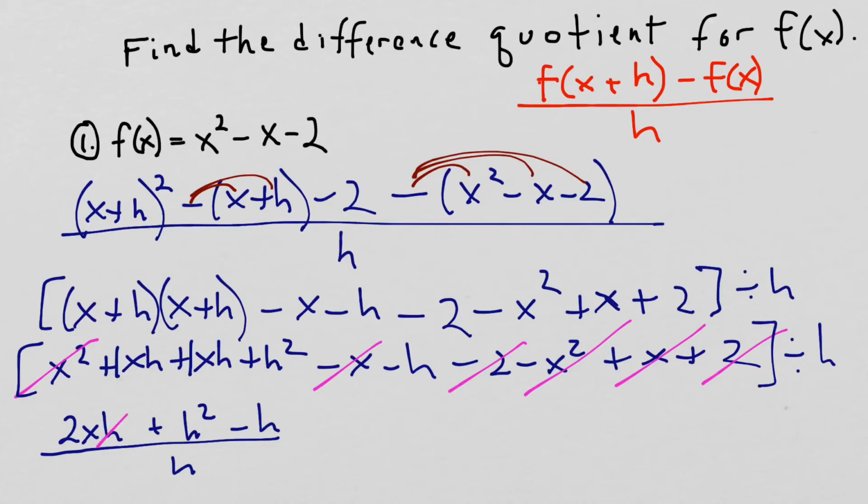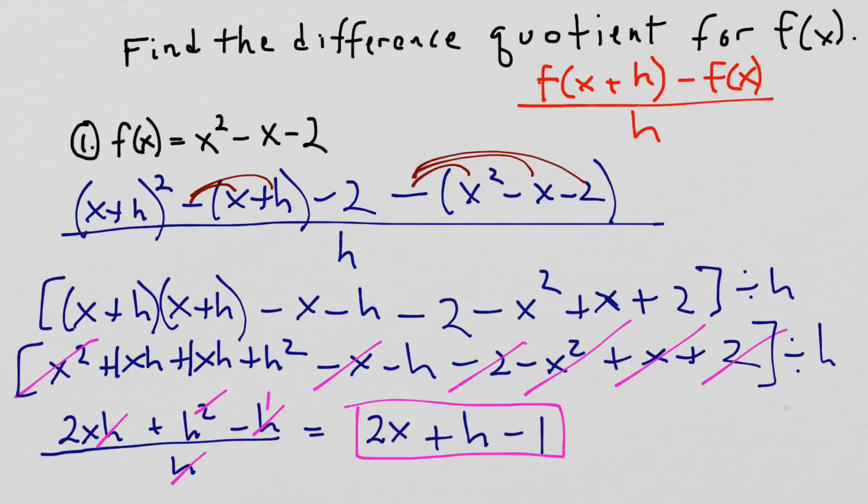So I got 1h, 1h, 1h. All right, so my final answer is 2x plus h minus 1. Okay, so this is my answer. This is my difference quotient.